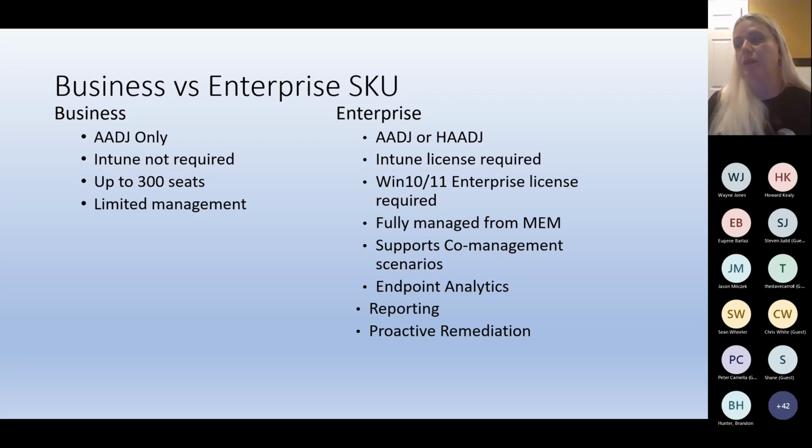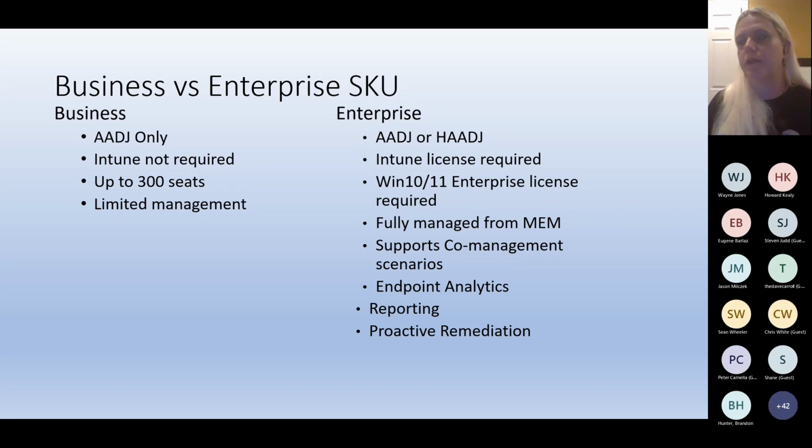But with enterprise, we also need a couple other things. We need an Intune license, so the user can enroll the device into Intune automatically and can leverage the Intune portal. You also do need a Windows 10 or Windows 11 enterprise license. I may use Windows 10 and 11 interchangeably because there's not that much of a difference when it comes to Windows 365.